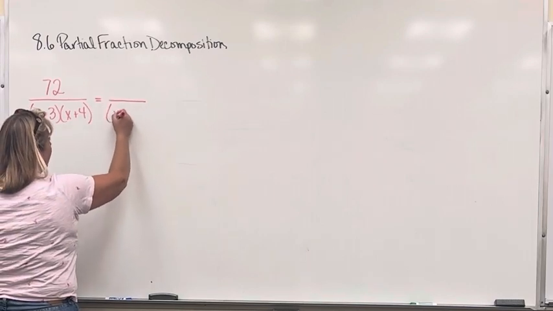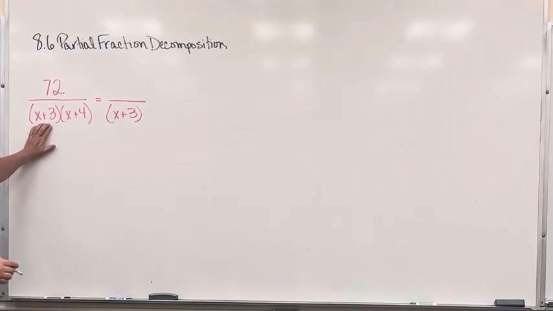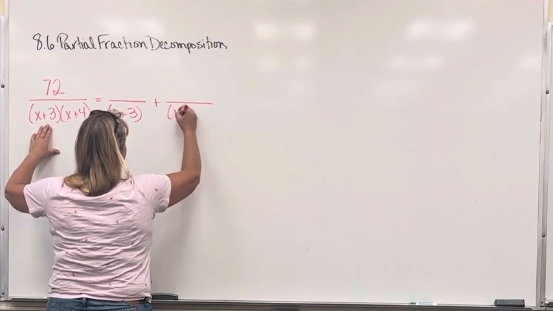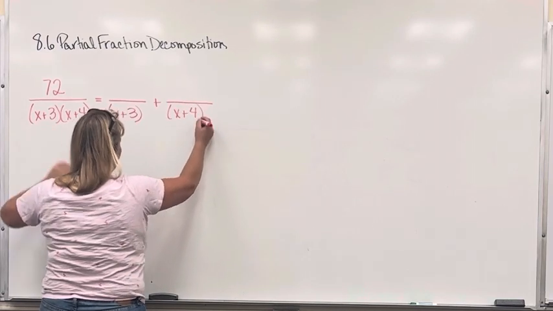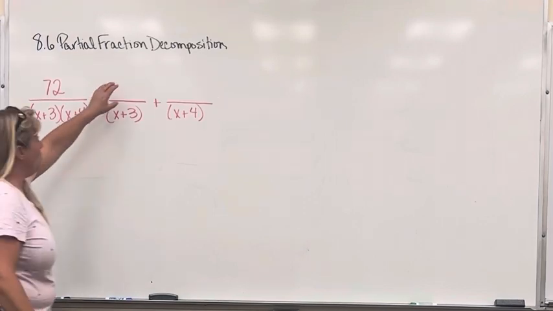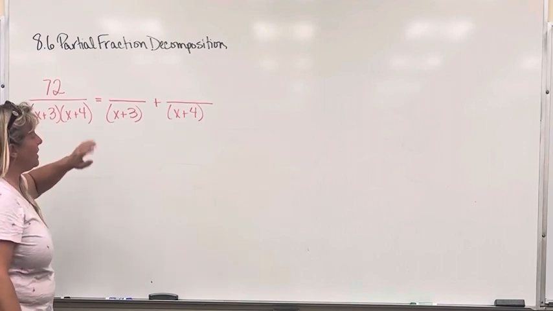But we know that if we were adding these two fractions together in the beginning, one of them probably had a denominator of x plus 3, and the other one had a denominator of x plus 4, right? Now, we are required to figure out what goes on top there. So let's look at this though.